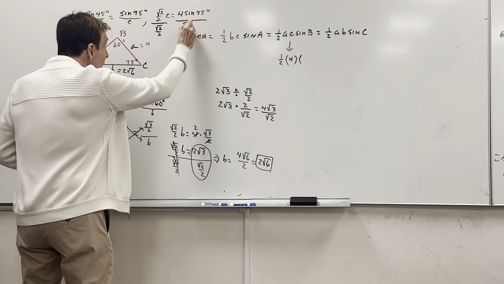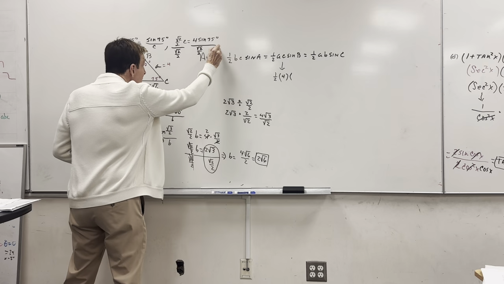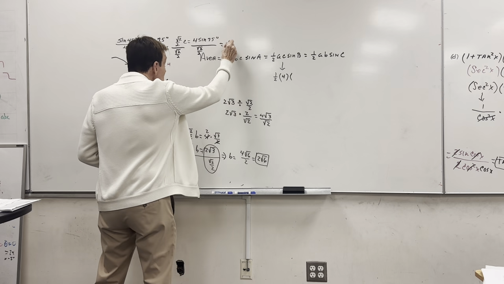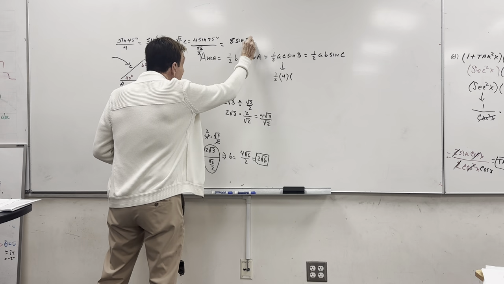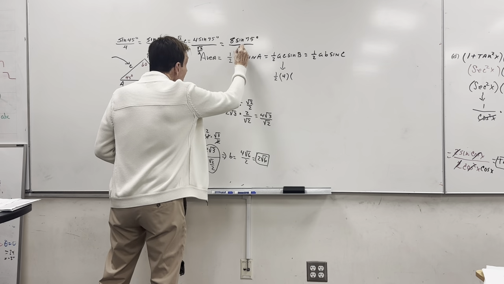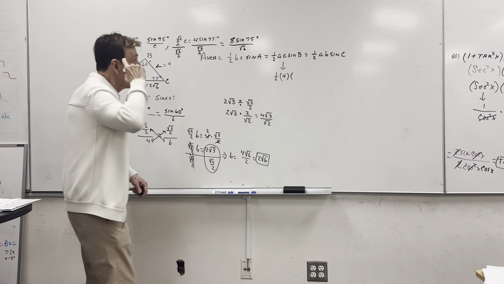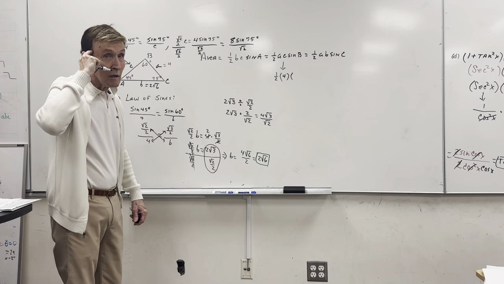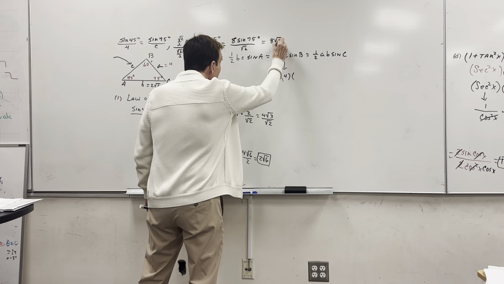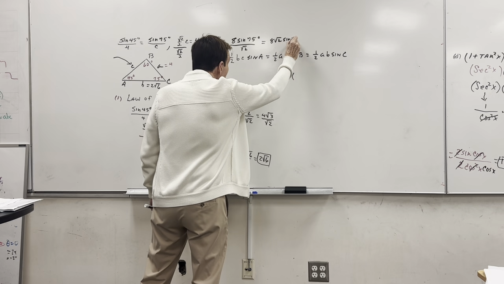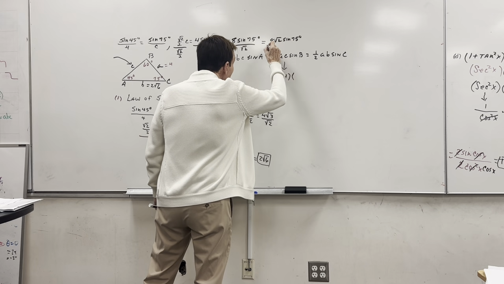I may have to call on Matthew again. Guys, please tell me, at this point, would this be 8? Yeah, 8 sine 75 over root 2, which is 8 root 2 sine 75 over 2, which we could then divide, making it 4 root 2 sine 75.